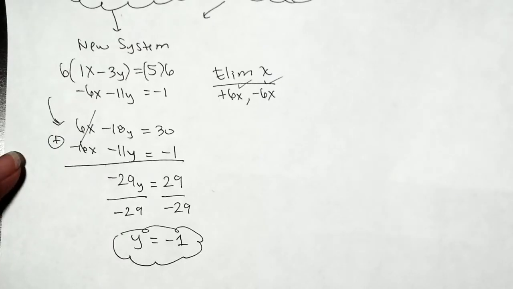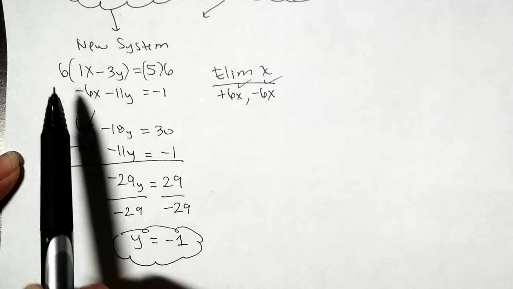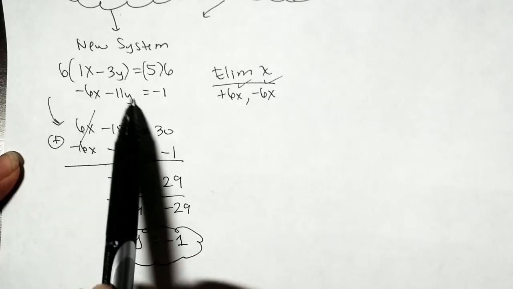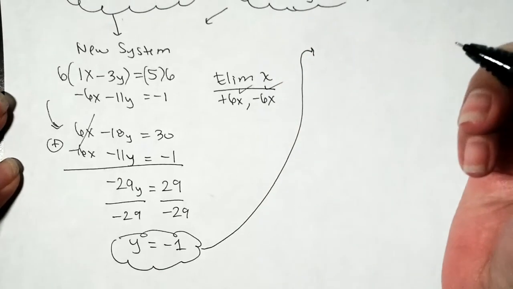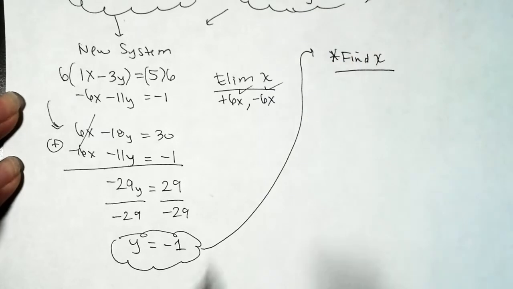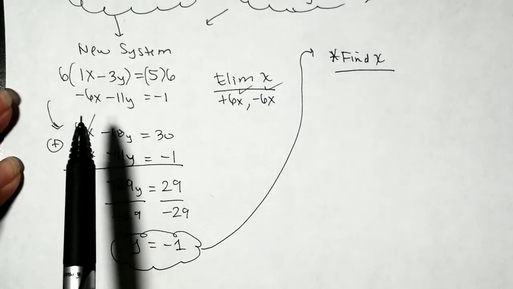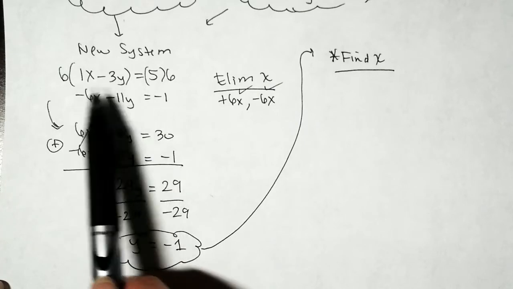So again, we are focusing our energy on our new system, the system that has x and y variables. So we found y, now we need to find x. Let me go ahead and speak to myself. Find x. So let's go ahead and pick any of these equations. I know we have like love notes right here, but the one that scares me least is the original top equation.